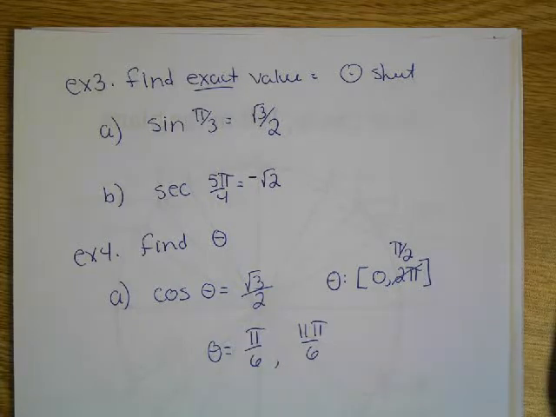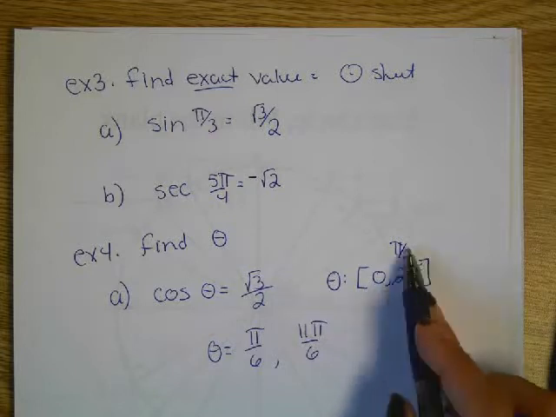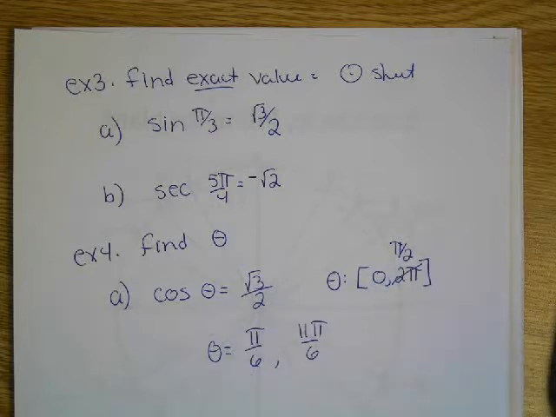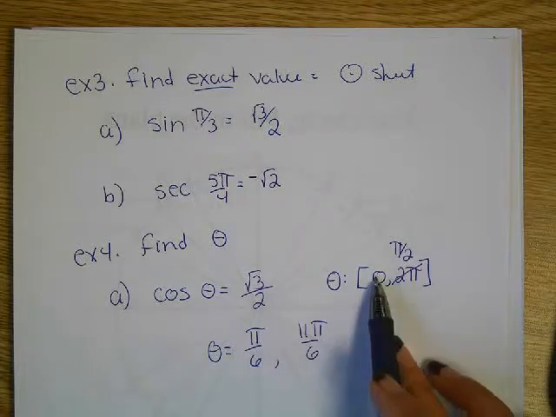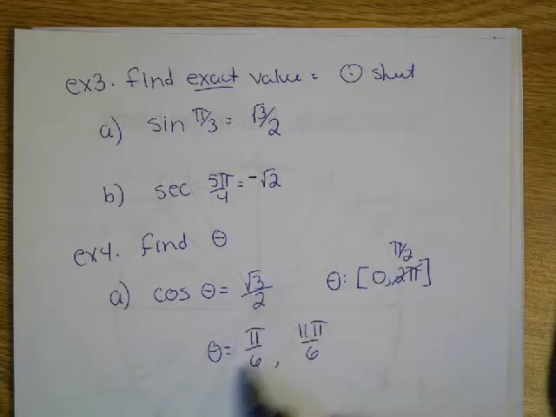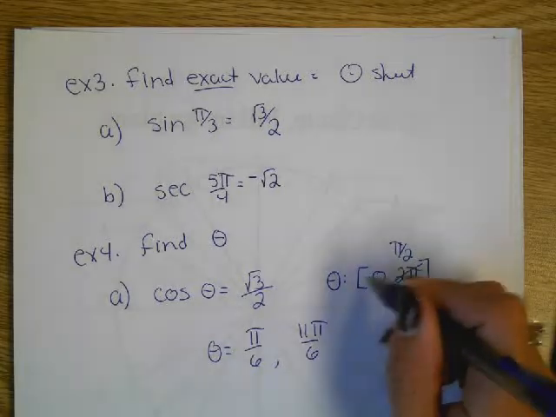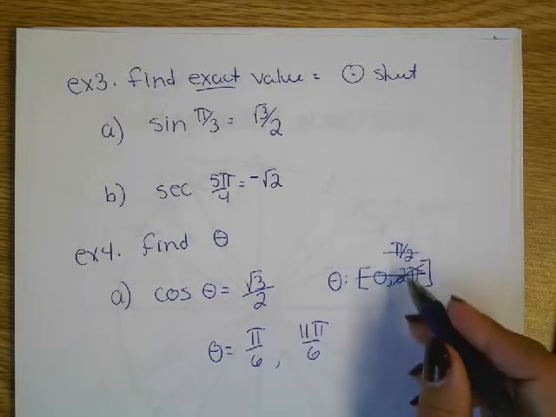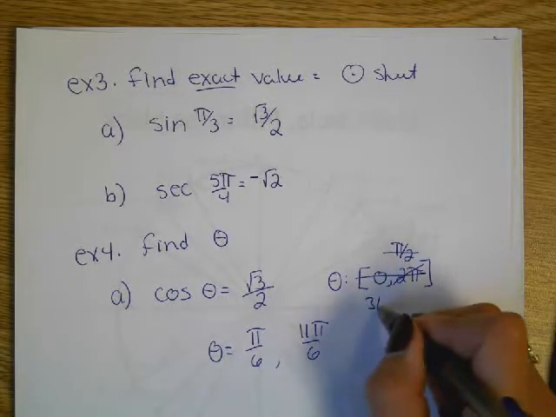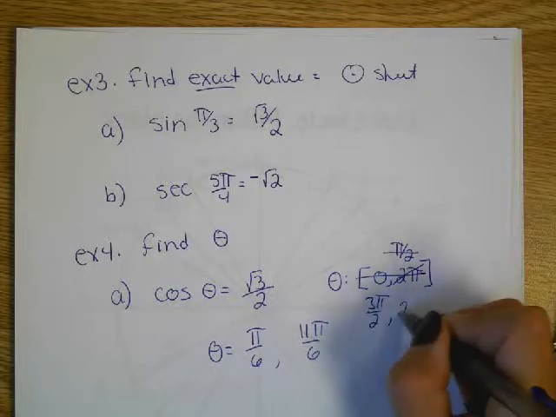Okay, good question, Megan. So it all depends on what you give here. If I had changed it to 0 to pi over 2, you would have just given me the pi over 6. If I had changed it to, you don't have to write all this down, but we can just talk about it because I think it's pretty common sense, 3 pi over 2 to 2 pi.